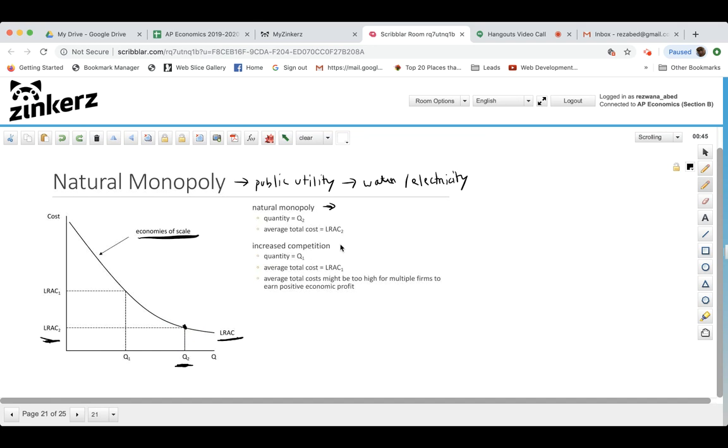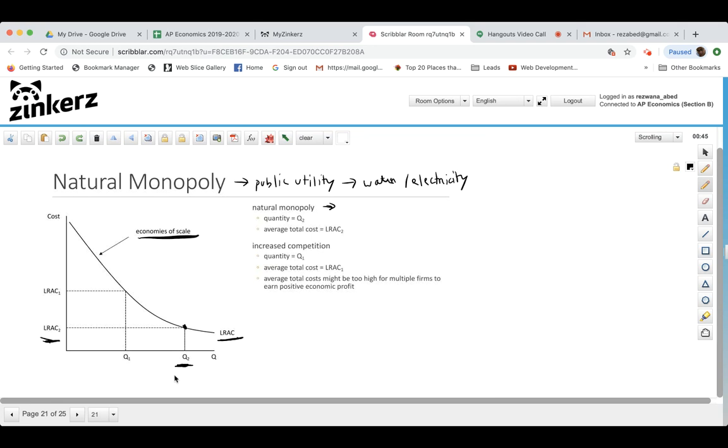But then if you had increased competition, which means the demand hasn't increased, the number of customers is still the same. So if you have another farm coming in to provide electricity in that same city, you're going to be dividing up the customers between the two of you, and each one of you is going to have maybe half of the customers.